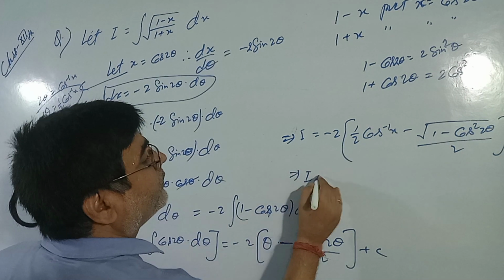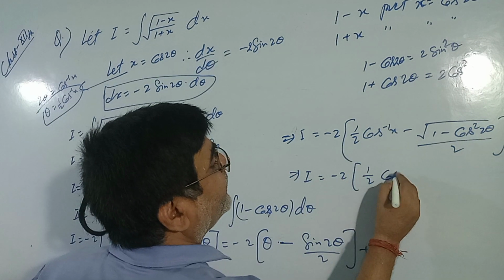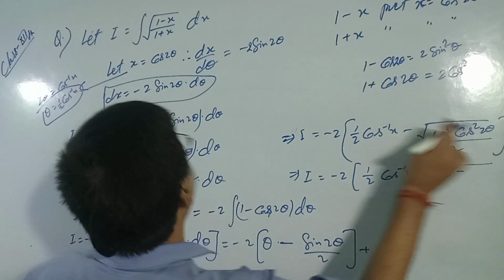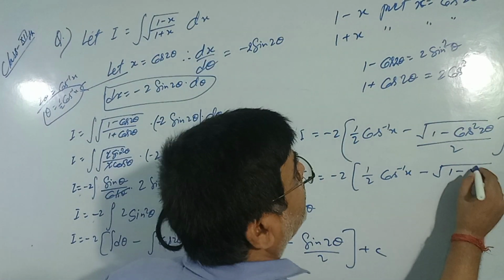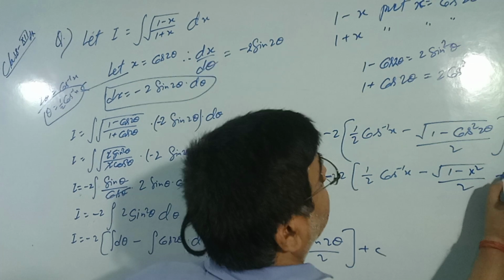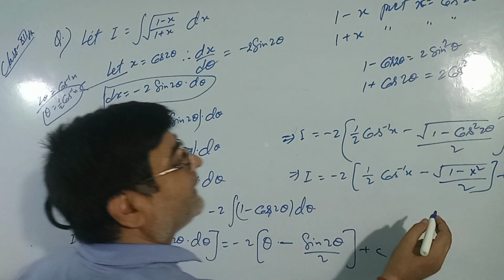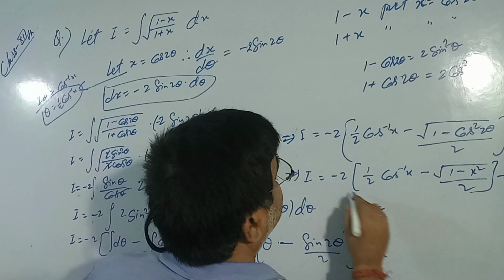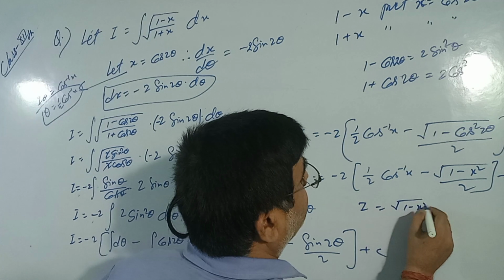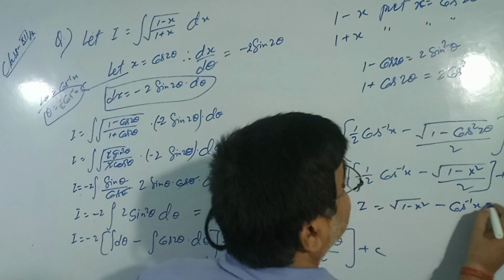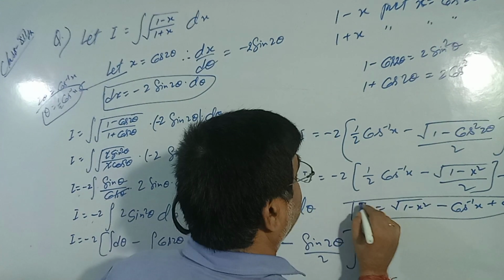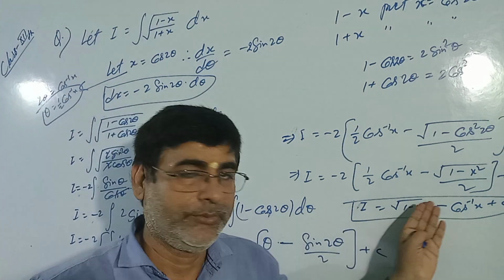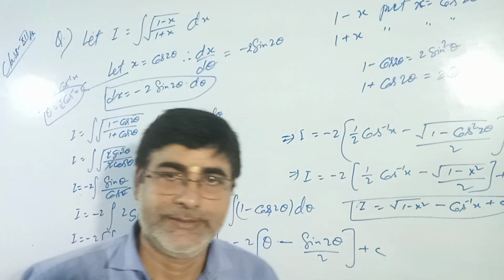So I equals minus 2 [1 by 2 cos inverse x minus the square root of 1 minus x square by 2] plus c. This is the final answer, and taking 2 common, I equals minus 2 multiplied by the square root of 1 minus x square minus cos inverse x plus c. Right answer? So students, the right answer is I equals the square root of 1 minus x square minus cos inverse x plus c.